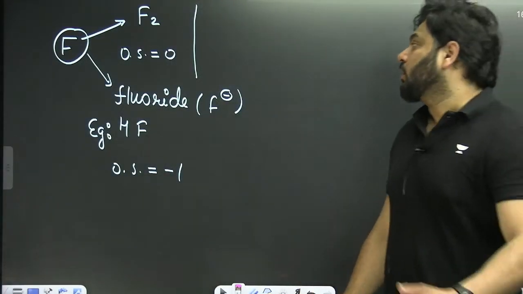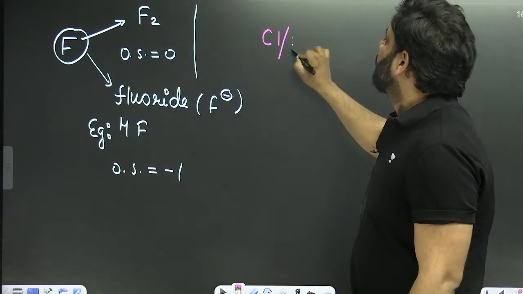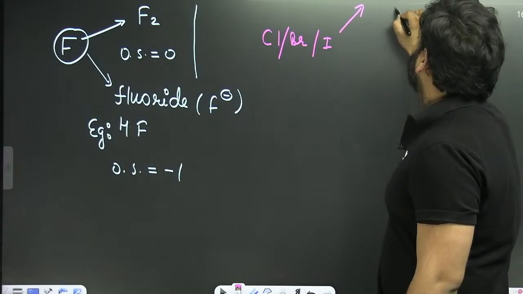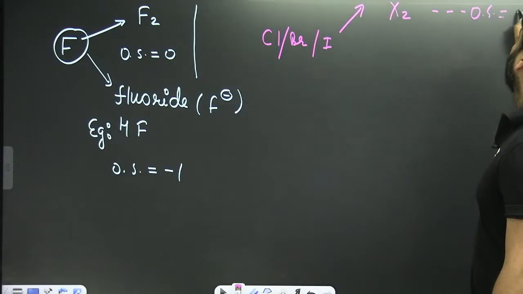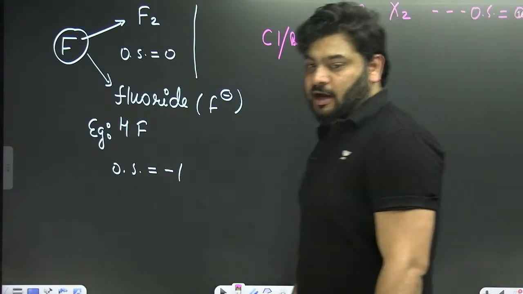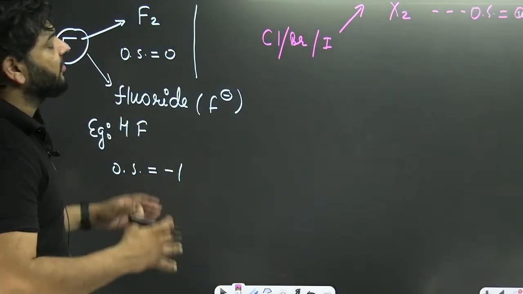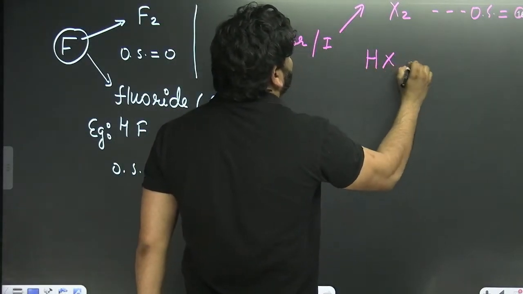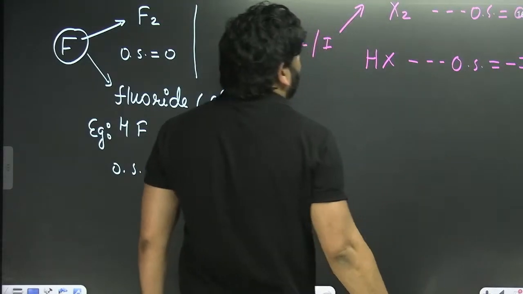But that doesn't work with all the halogens. Other halogens can give you even more possible oxidation states. Let's take the example of Cl, Br or I. One of them is X2, which will have 0 oxidation state because a dihalogen has two similar halogen atoms attached with each other with a covalent bond. Another one is HX, that is hydrohalic acid. This will have an oxidation state of -1.